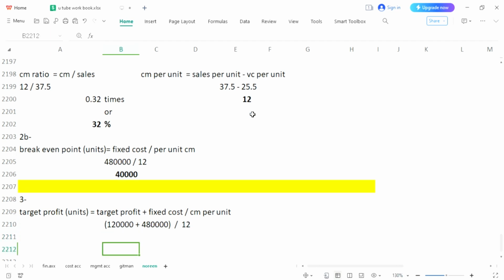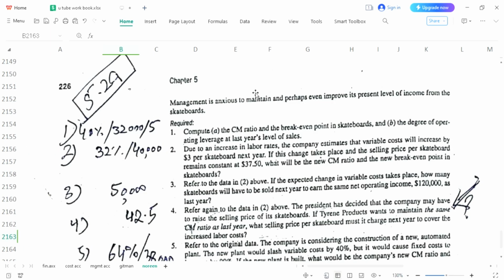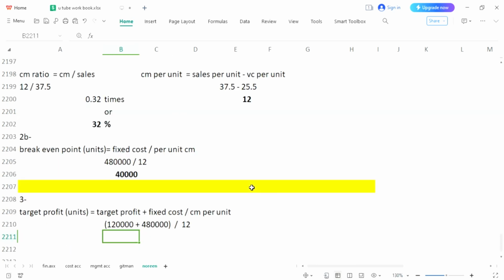Okay, statement has been completed. In point 3, he is asking to take reference of point 2. So in point 2, fixed cost was 4,80,000 and CM per unit was 12. Target profit 1,20,000.